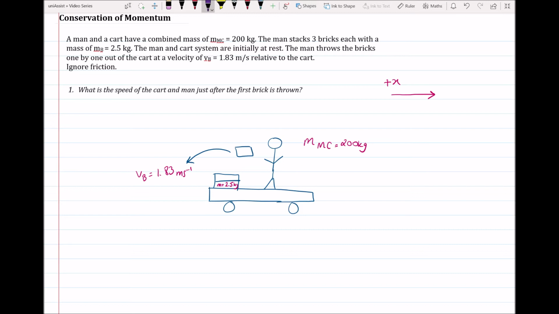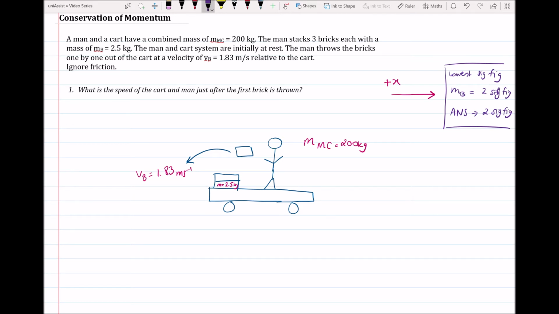So my lowest significant figure is given by my mb, which is 2 sig figs. Therefore, my answer is going to be in 2 sig figs. We'll just keep that to the side.